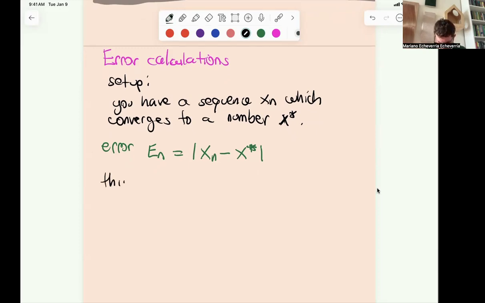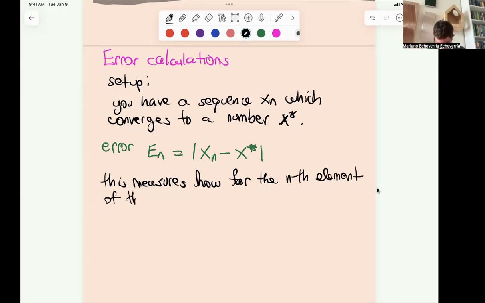So this measures how far the nth element of the sequence is from x star. Is that making sense? Like the definition.